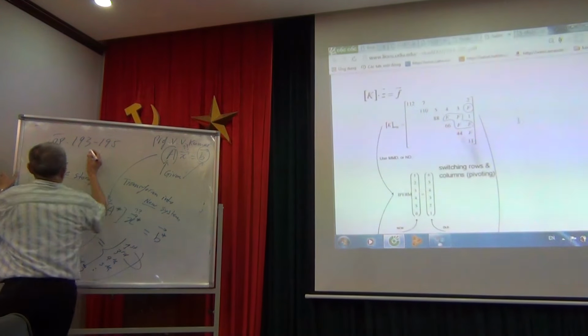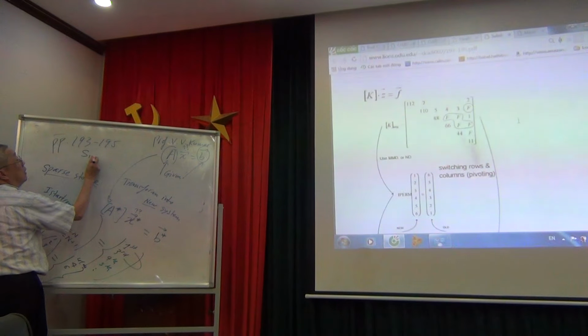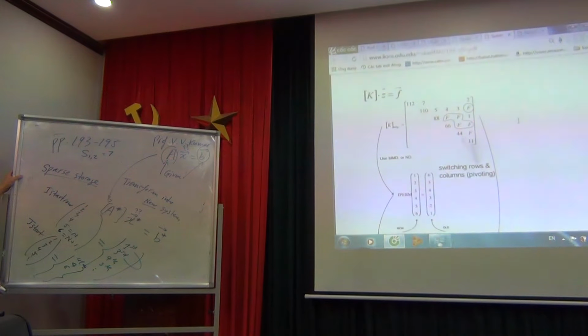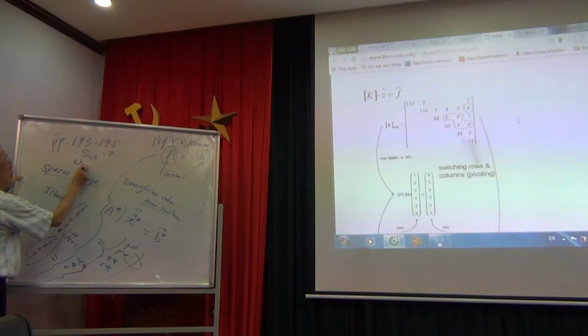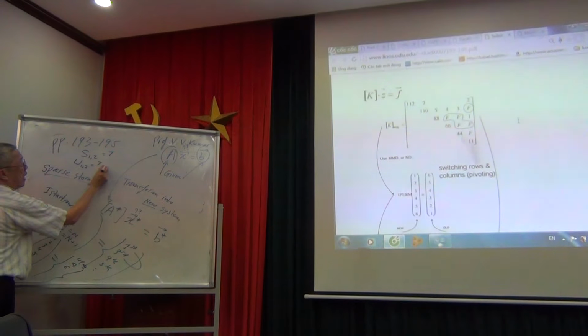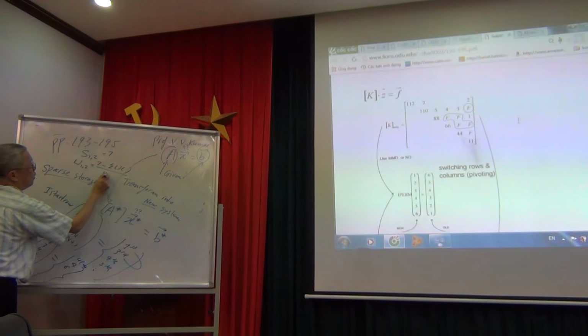So that means S, row 1, column 2 is equal to 7. Everybody agree? So what is U12? Well, it will be equal to S12, which is 7, minus the summation of the product divided by U11.